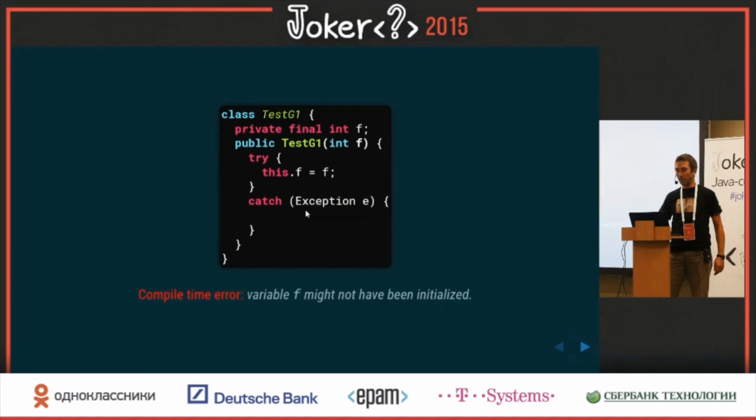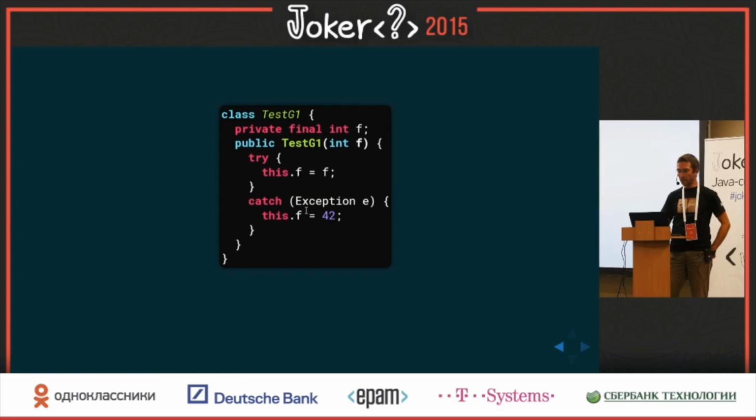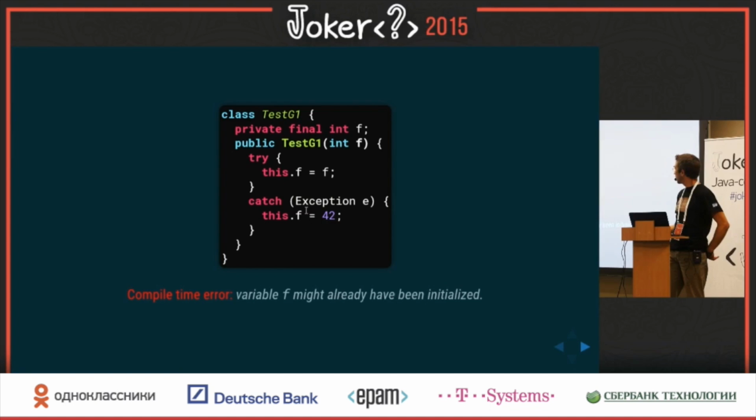No, it will not compile, because also we know that there is no possibility that an exception happens here. Javac does no flow analysis to detect this. And if we try to fix it like this, it won't work as well, because Javac complains that f is maybe already assigned at this point.